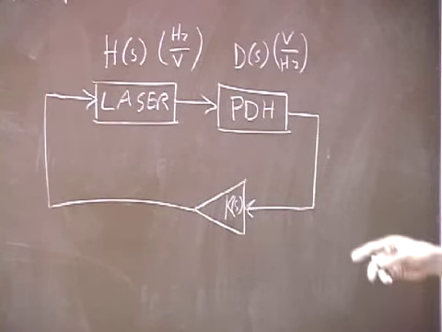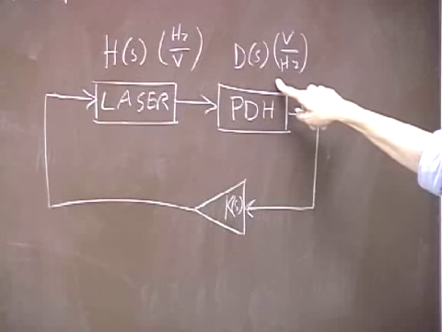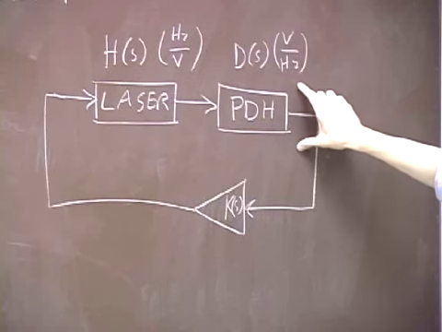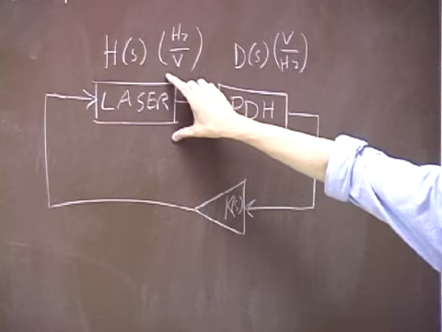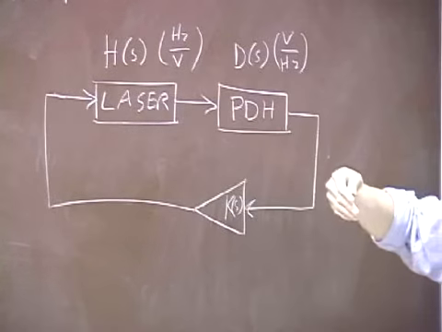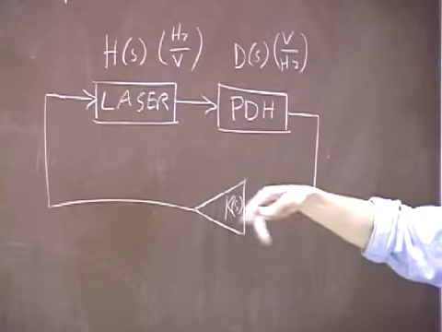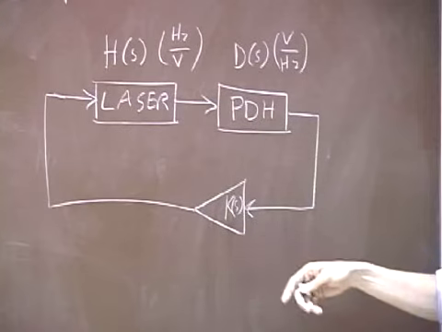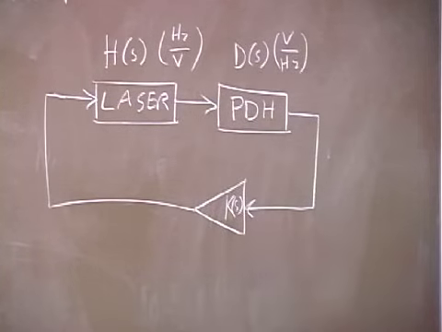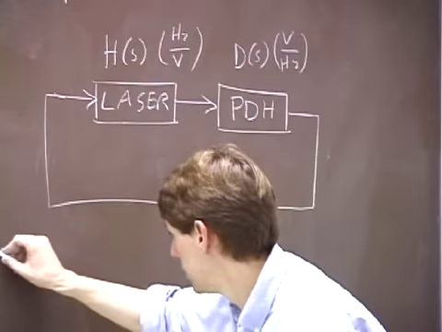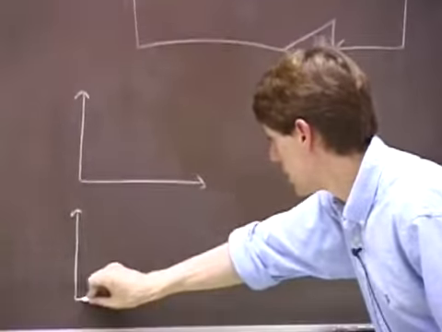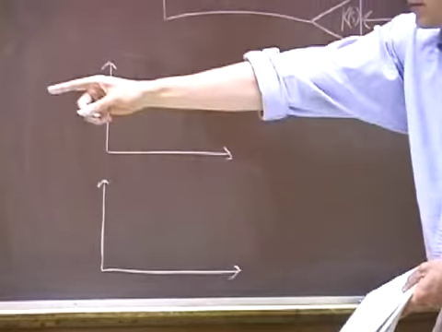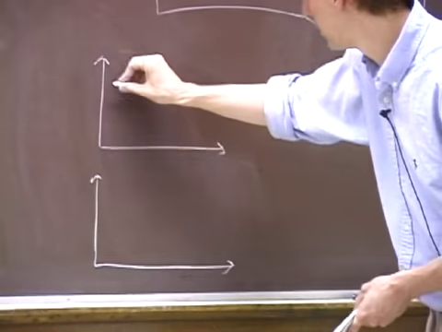If we assume that this transfer function is the only thing that has any frequency dependence, that is, if we assume a perfect laser whose frequency follows the input voltage at all frequencies, and a perfect amplifier, then we can draw a Bode plot and we get exactly the same kind of dependence that we got for the low-pass filter.